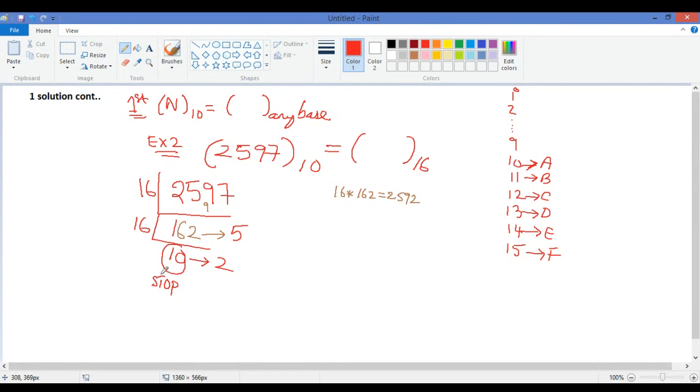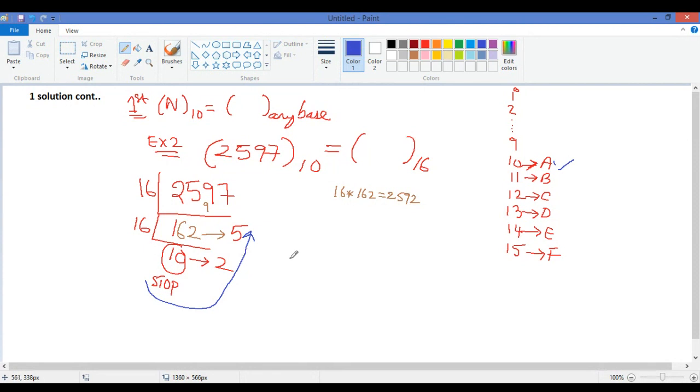After doing this, you take the numbers from bottom to top. If you take bottom to top, you have 10. 10 is nothing but A, correct?